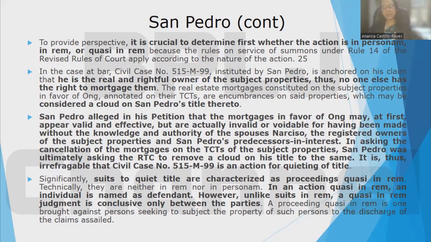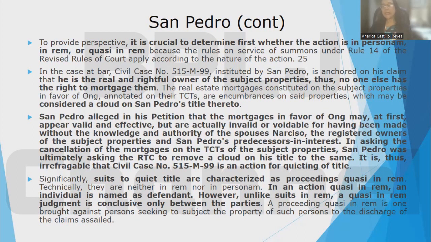San Pedro alleged that the mortgages in favor of Ong may appear valid and effective, but are actually invalid or voidable, for it having been made without his authority. In asking the cancellation of the mortgages, San Pedro was asking the trial court to remove a cloud on his title. It is thus clear that it is an action to quiet title.